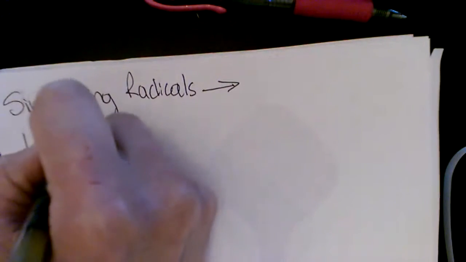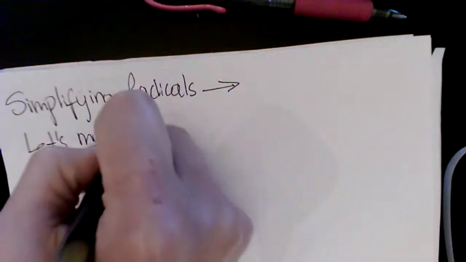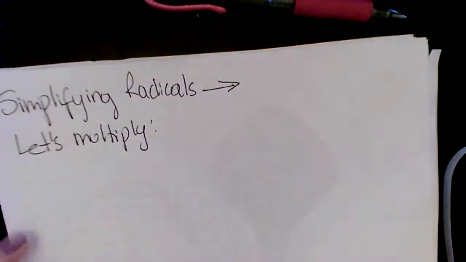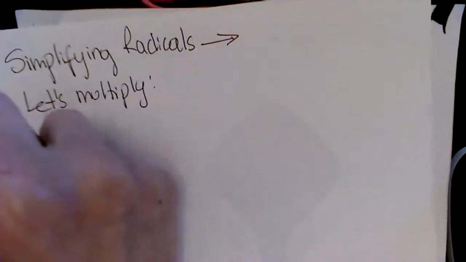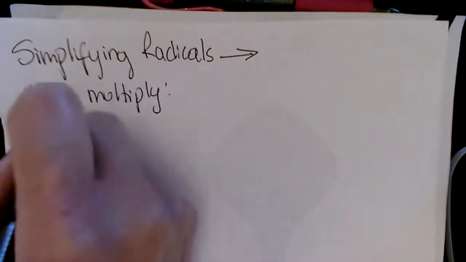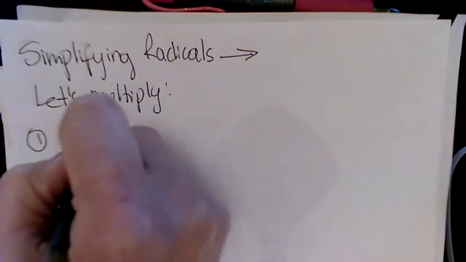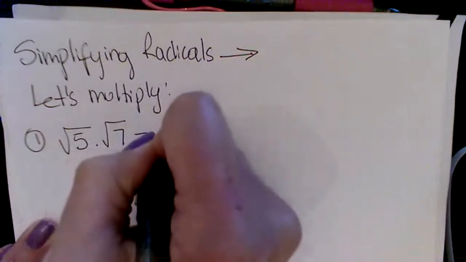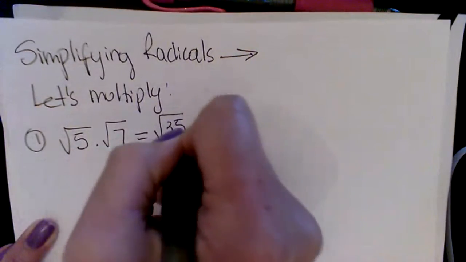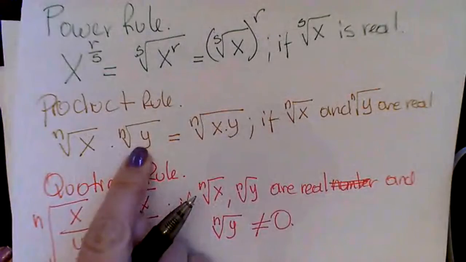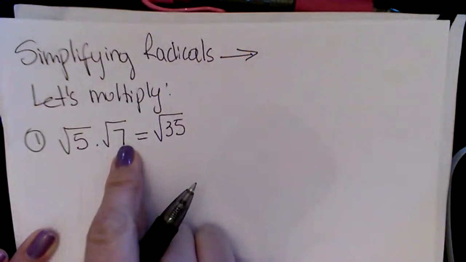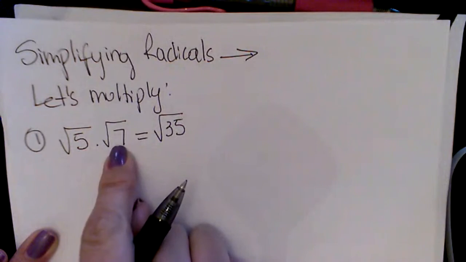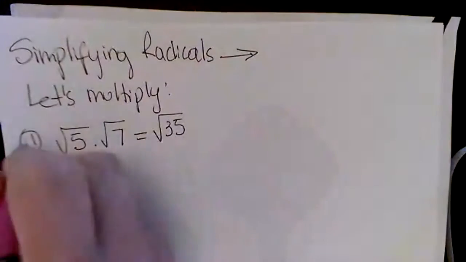All right, so the first part, we're going to multiply. So we're being given the square root of 5 times the square root of 7. That's 35. What am I doing? Applying the product rule. The same index, I can multiply the radicands.